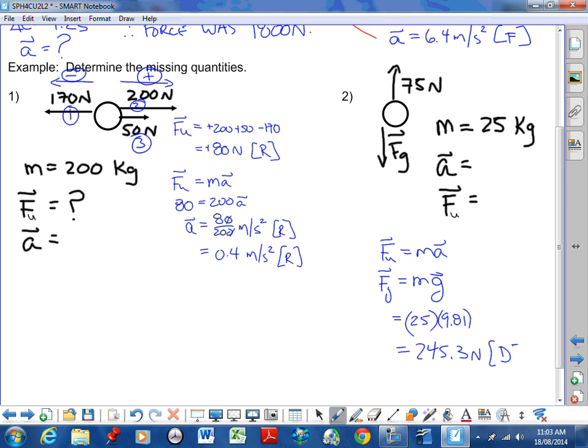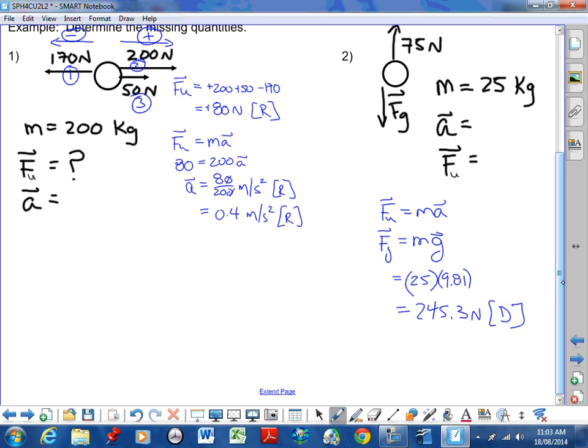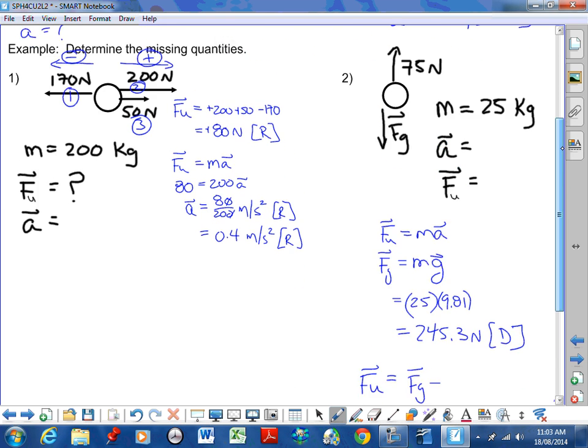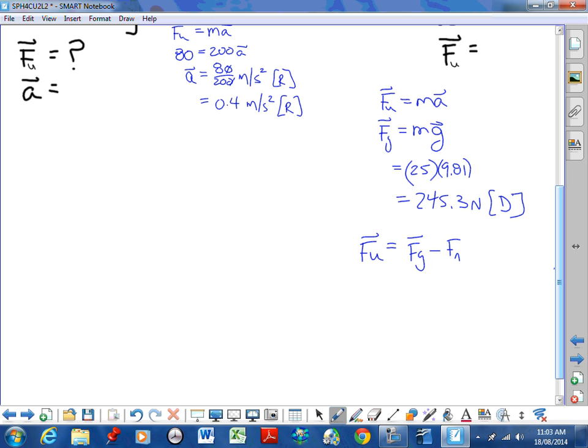That's going to be down. Okay. So to find unbalanced force, it's going to equal force due to gravity minus the force up, or force of air.